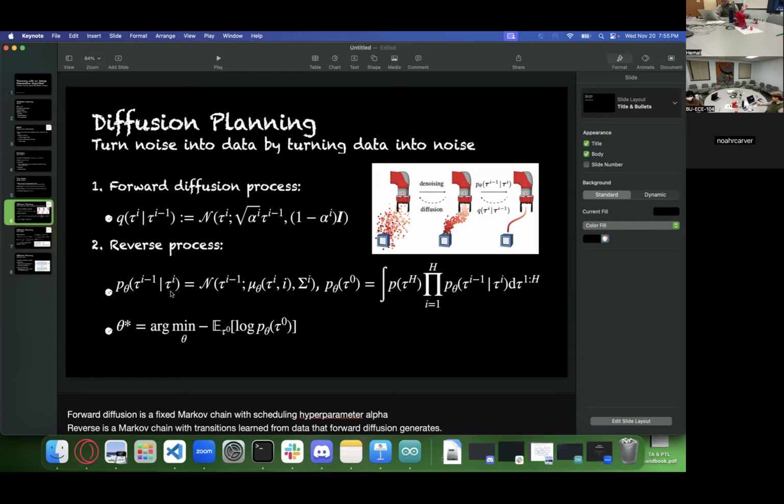So given this conditional version of it that gives us our iteration, we can do a fairly normal Bayesian step. Tau N is complete noise. Notice there's no parameter there because it's Gaussian. And then tau N minus 1 given tau N, and so on.